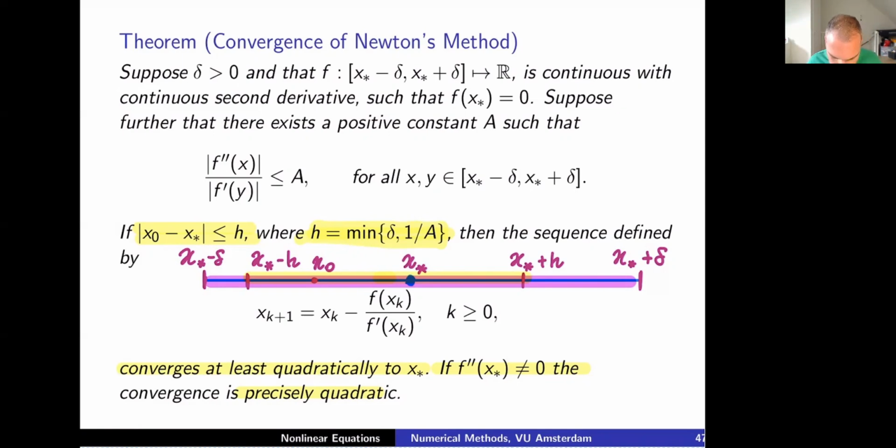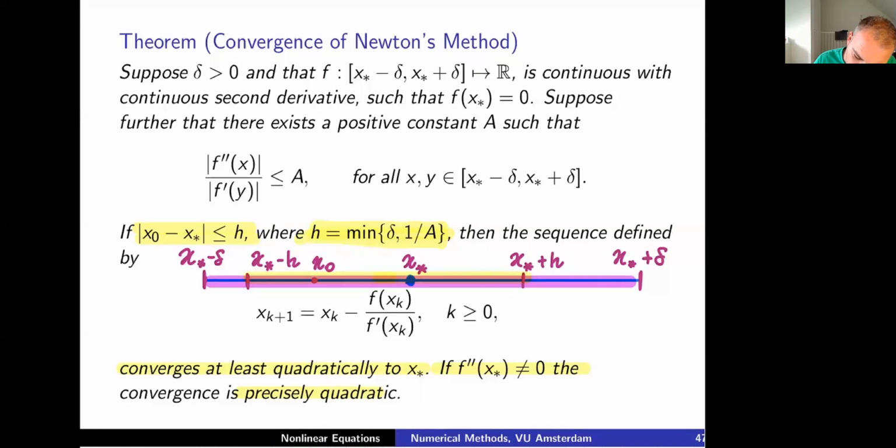Okay, so this is the statement of Newton's theorem. It describes the convergence of Newton's method, starting from rather generic assumptions on a function f. We want the function to be defined in an interval containing the solution. x star in our notation is the solution. And we demand that this function be continuous and with continuous second derivatives. x star needs to be a root of the function f.